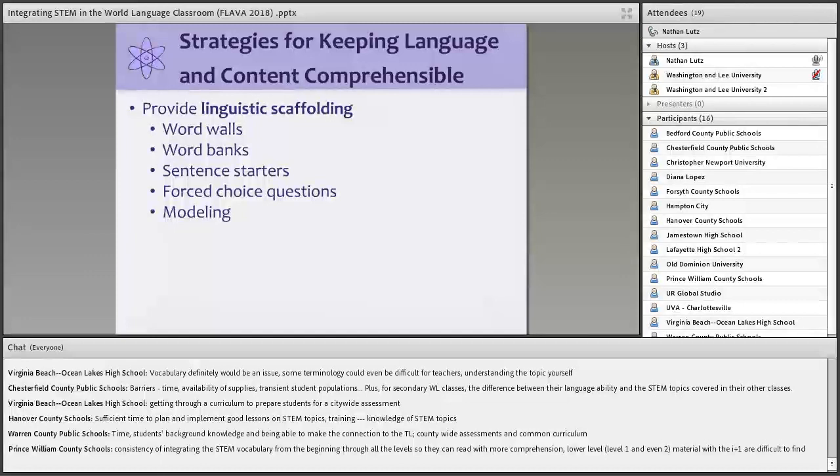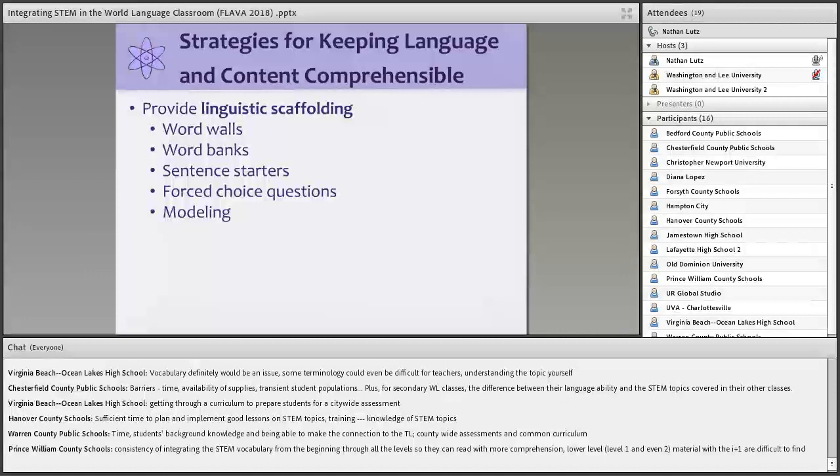And it's just a helpful tool, and they all use it, and it's so, so helpful for them. If we were to provide word banks for students, that is a way to scaffold for them to be able to access language before they have finally acquired it.